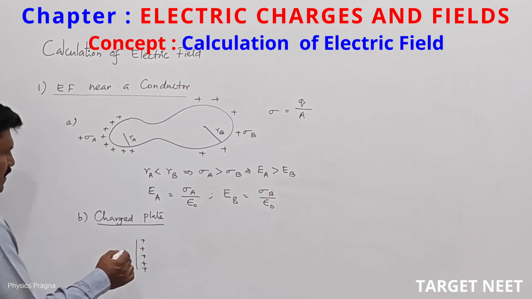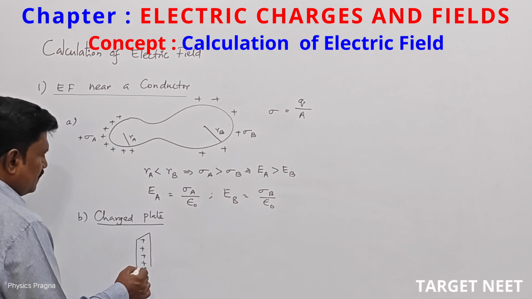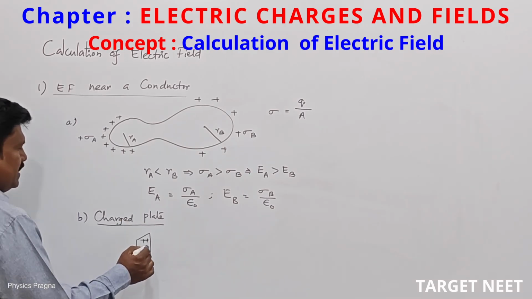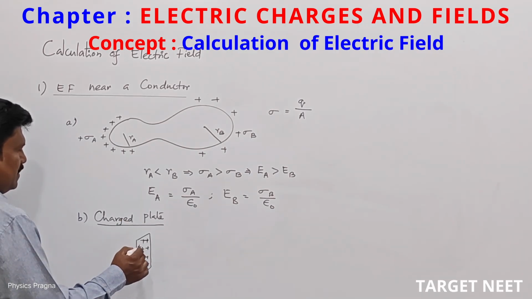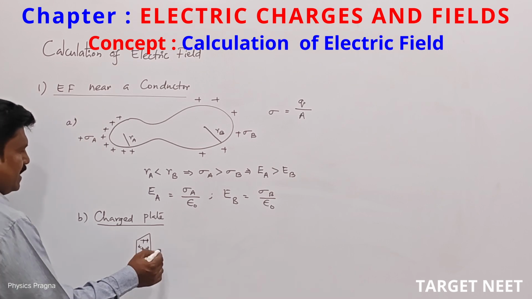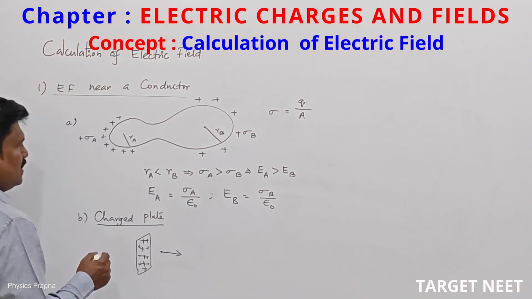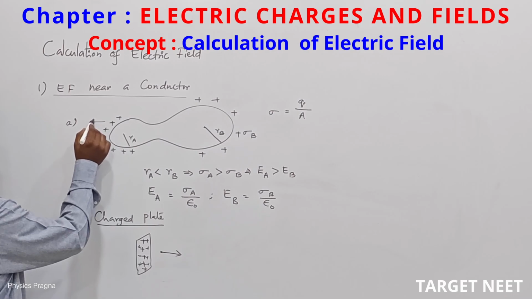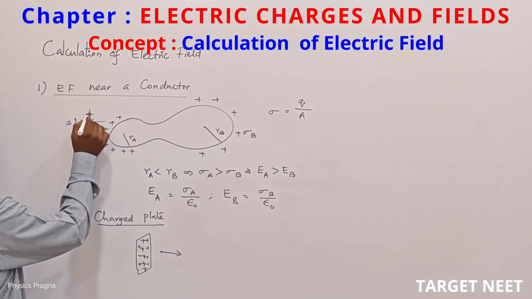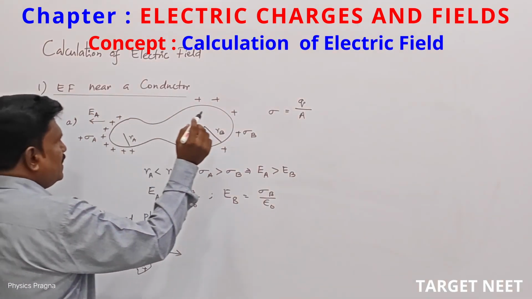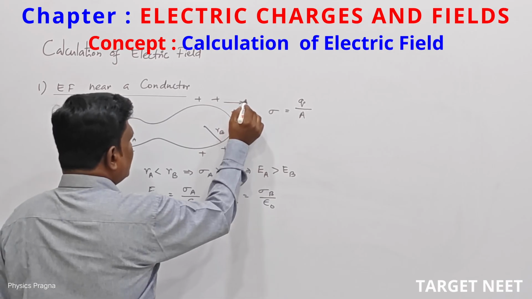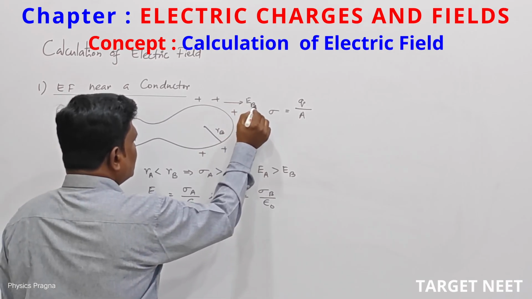The plate has some area like this. Near a charged plate, the electric field direction is this one. Here the electric field direction is away from the positive charge.